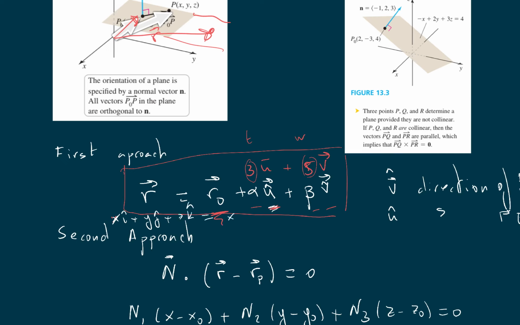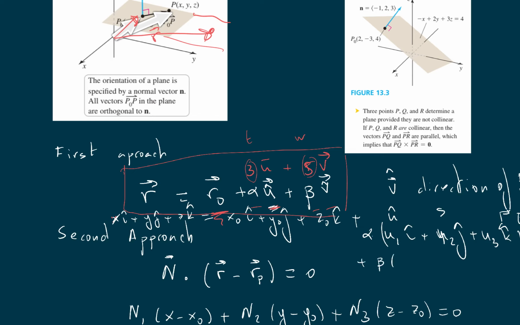The r0 is x0 i plus y0 j plus z0 k, plus alpha times u, where u is u1 i plus u2 j plus u3 k, plus beta times v, where v is v1 i plus v2 j plus v3 k. Okay, this is the first approach.